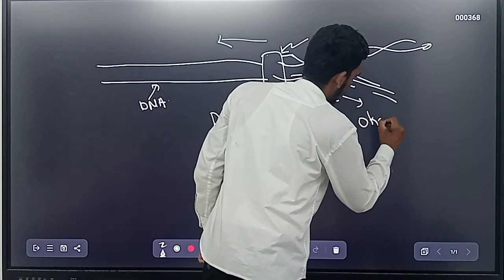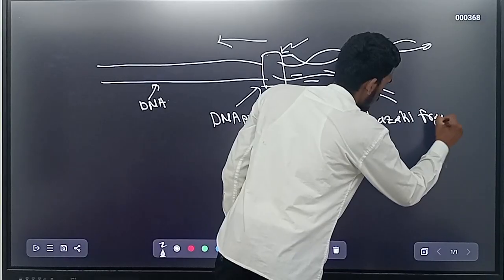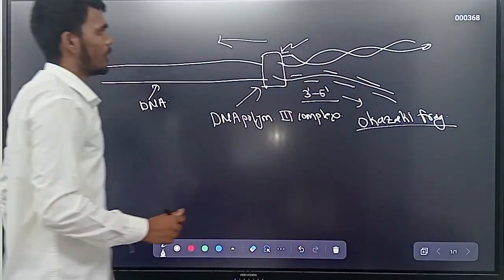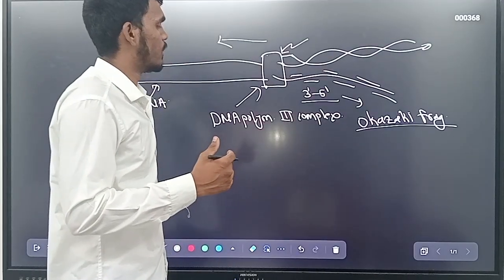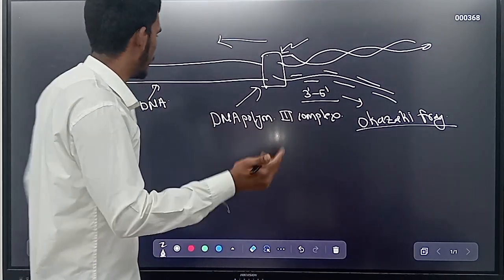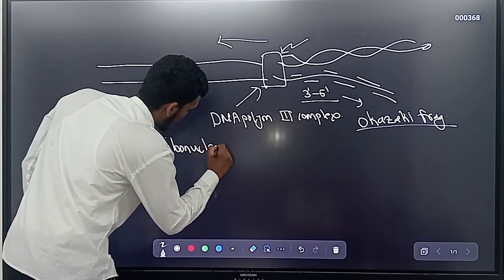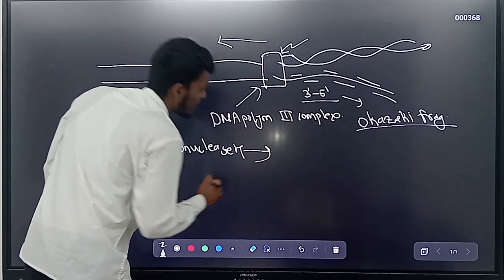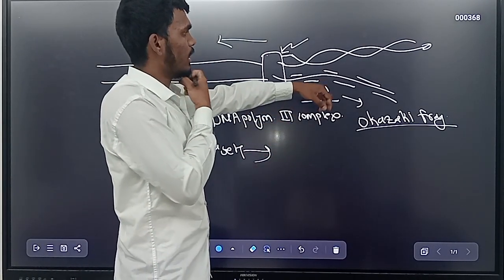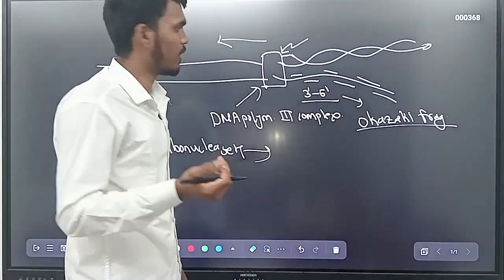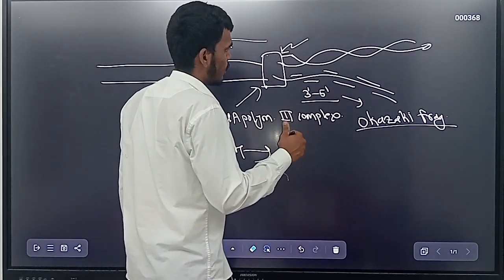This is the parental DNA. This is the leading strand. Let's give it a helical structure. Here will be the RNA primer which was added at this position by DNA primase, and then this leading strand will go on growing.